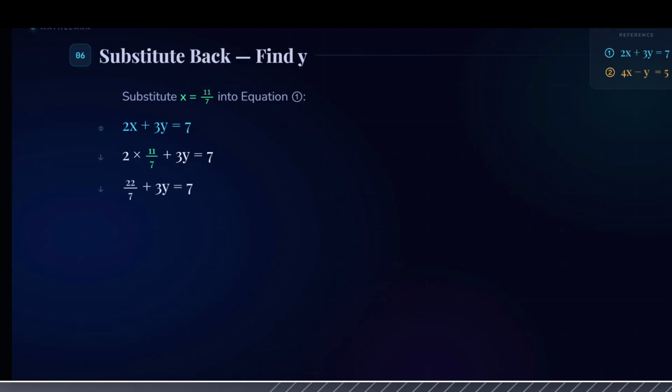Two times 11/7 is 22/7. So we have 22/7 plus 3y equals 7. To isolate 3y, subtract 22/7 from both sides. First, convert 7 into sevenths. 7 equals 49/7.